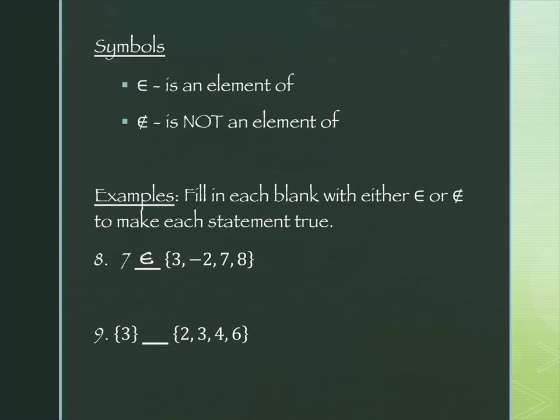So I can't put an element symbol in between here because it's not an element to begin with. It's a set to begin with. So this one actually fails. It doesn't fail because there's no 3 on the right. It could fail that way, like that'd be an option, but that's not why it's failing. It's failing because of those braces. Those braces around it make it a different kind of object. They make it a set, they don't make it an element.